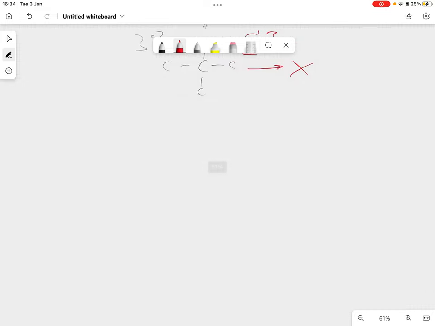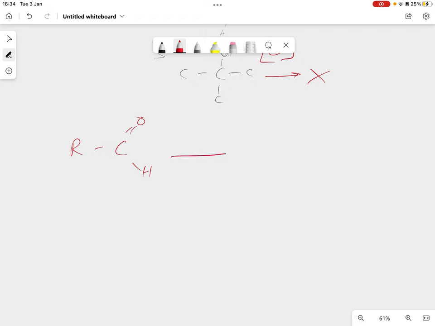So we're moving on to now the reduction of our carbonyls to form our alcohols. From our carbonyl, we know we've got aldehydes. So this is our C double bond O with an H and an R. This, under a reducing agent, which can be written as square brackets H, will go to a primary alcohol.